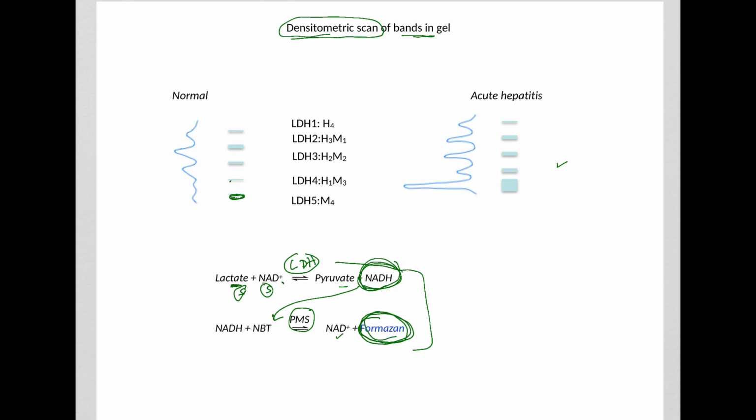So wherever the band is present, you will see this blue precipitate appearing on the gel. And then the instrument will scan the intensity of the band and give you a profile.